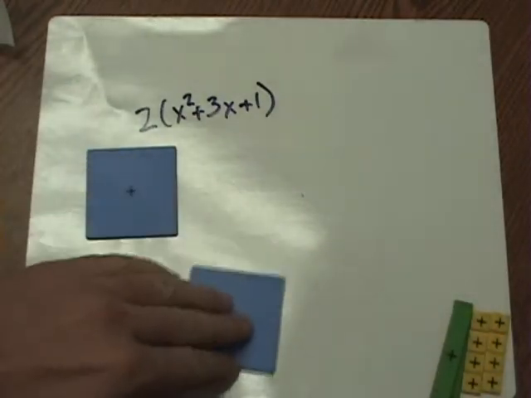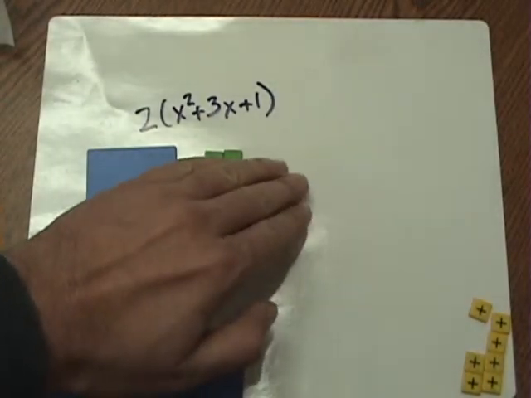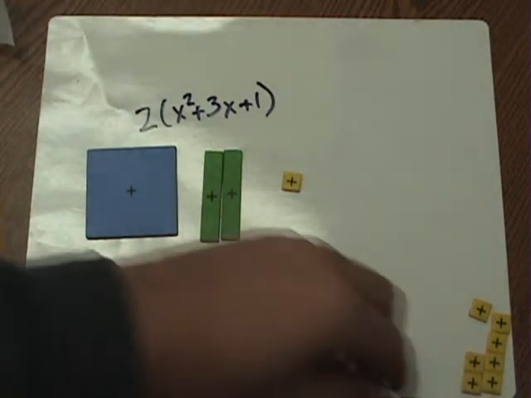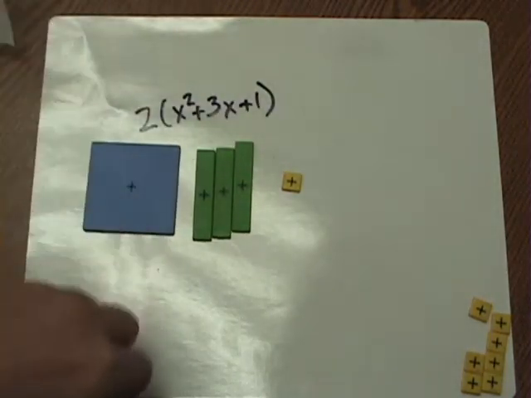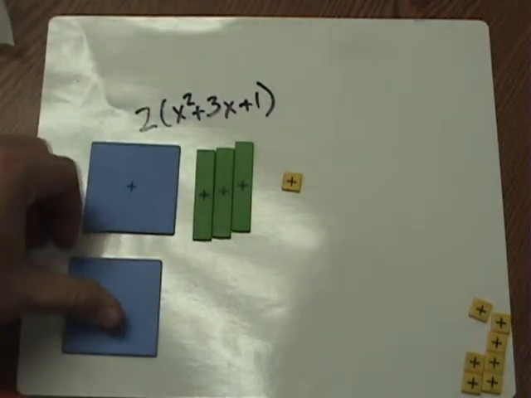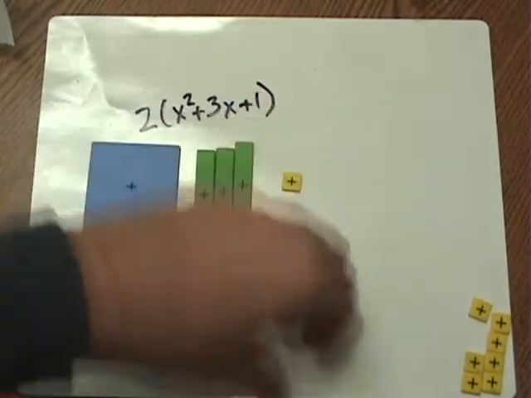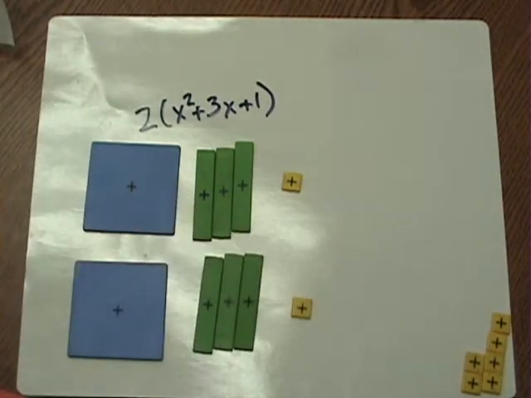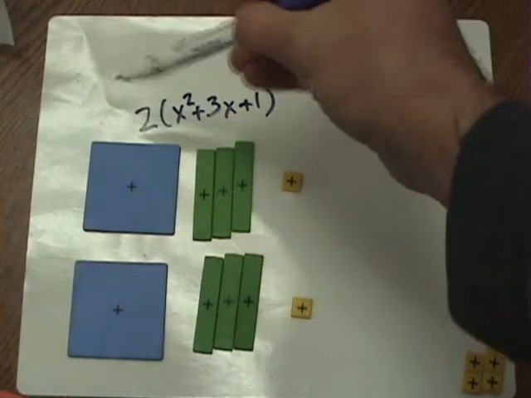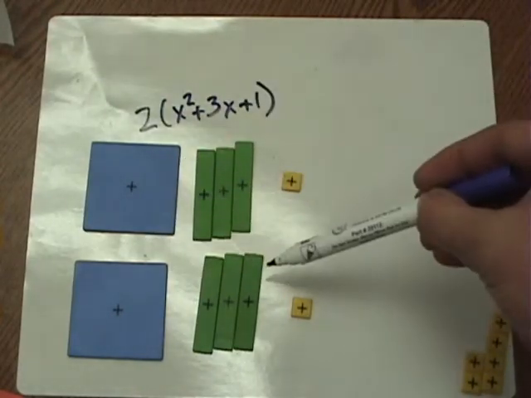So what we would do is we would put our x squared, our 3x and our 1, and then a second group of x squared plus 3x plus 1. So really what this is telling us is that I have 2 groups of x squared plus 3x plus 1, and that's what each of my groups is.